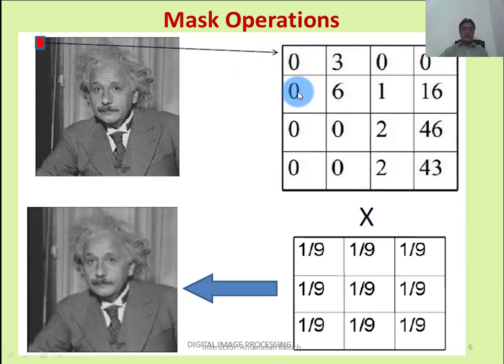So these values are zeros, and here are some values greater than 0. It means zeros are totally black, while the values other than zeros are gray values. When we take this small portion of the image, these are the original pixel values, and this is the mask.